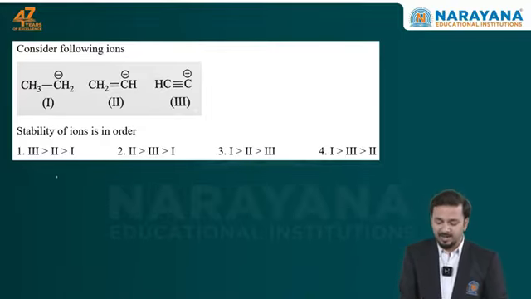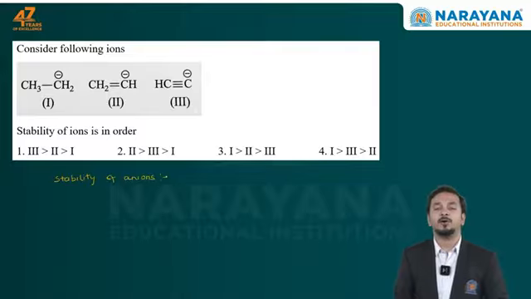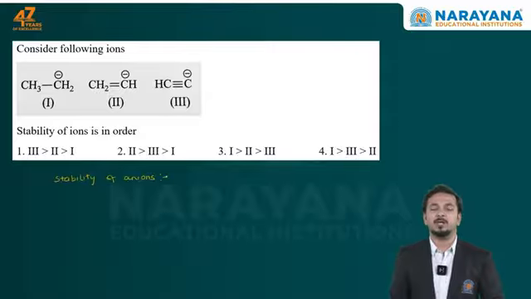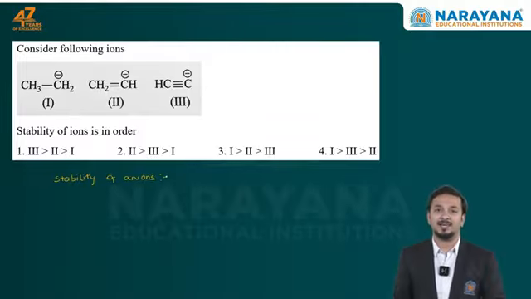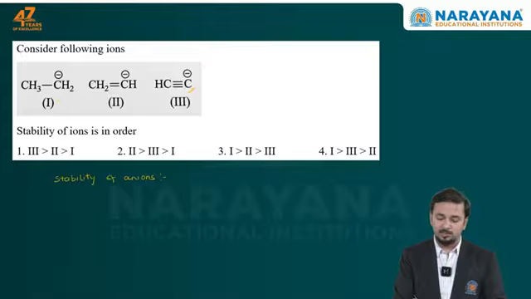So basically they're asking the stability of carbanions, and we can see that the negative charge is present on the same atom, that is carbon. But the difference in all these 3 cases is the hybridization or the S character. More S character is present in the third compound and least S character is present in the first compound.